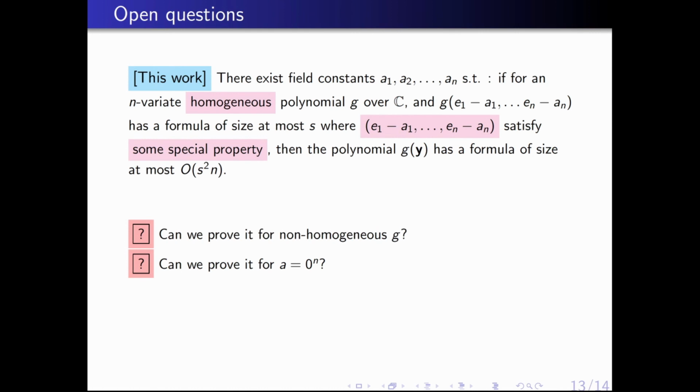If we can answer these two questions affirmatively, then probably we can make a complete Blazer-Zintal kind of statement for formulas. We use some special property that we have already mentioned, and we would also like to remove these special properties. Then it will give something very nice and in a more generic sense.